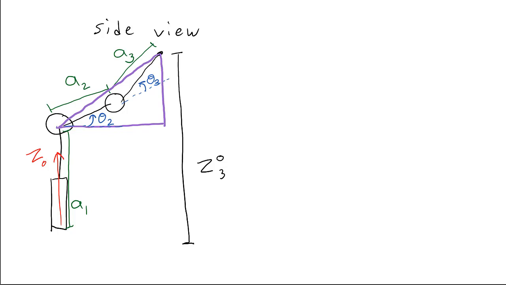And then the other triangle that's going to be really useful is this orange triangle. The ability to see which triangles are going to be useful to you is a skill that you'll develop with practice.